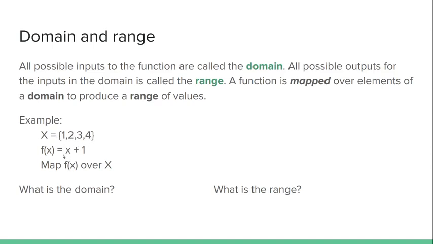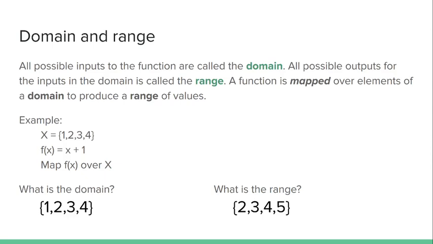So in this example, the domain is just our set X. It is the values over which we map the function, or the values that we plug into our function. And the range is the result of mapping that function over each value, or the result of applying that function to each value. So in this case, we get 1 plus 1 is 2, 2 plus 1 is 3, 3 plus 1 is 4, and 4 plus 1 is 5. So our range is 2, 3, 4, 5.